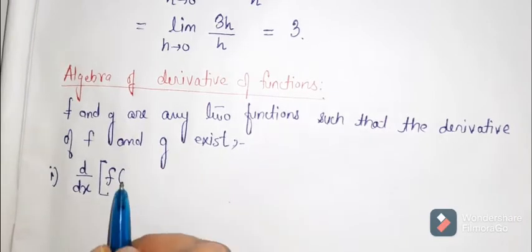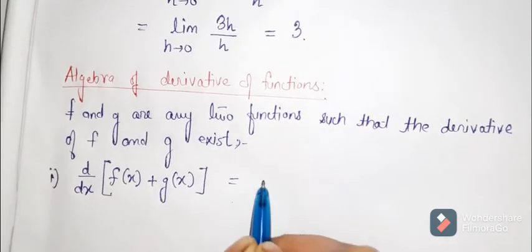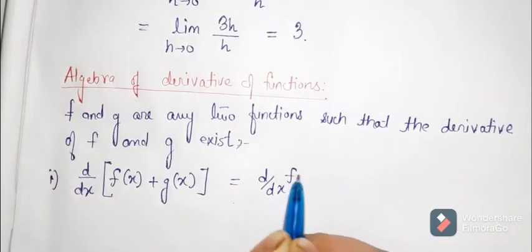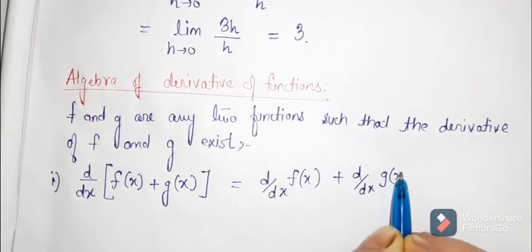So d by dx of f of x plus g of x, we can write as d dx of f x plus d dx of g x. Okay.